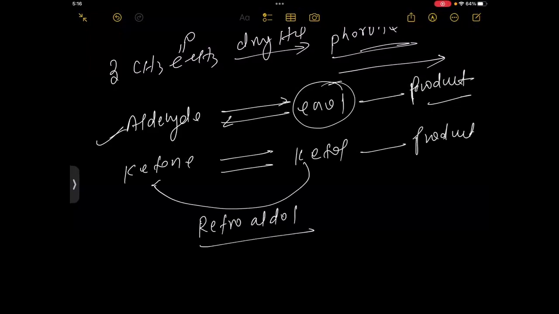That happens especially when you take a ketone or a complex compound, because a ketone is a complex compound, so it will move into the retroaldol. But if the compound is not complex, it will move in the forward direction. Ketone moves both forward as well as backward, right?